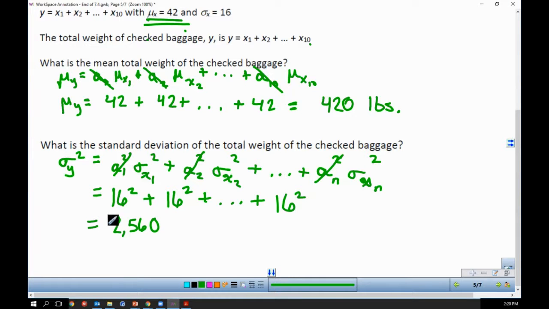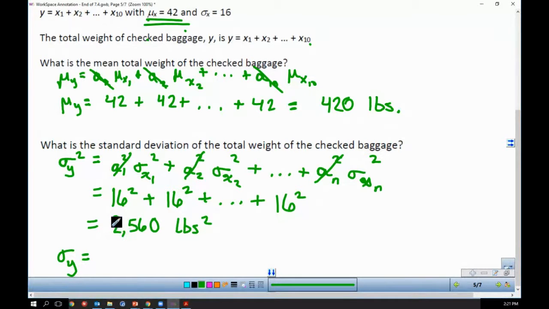Now, this is variance. So our units would be pounds squared. Does that make much sense? Pounds squared? No. It asks for standard deviation. So how do I get standard deviation? Square root it.